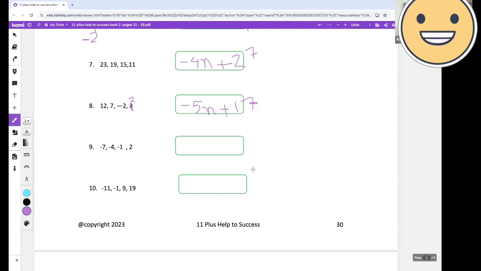Come on. Is it minus 3n plus 10? Not minus 3n plus 10, it is something else. You have 3n and you have 10. I mean minus. No, it's not minus.